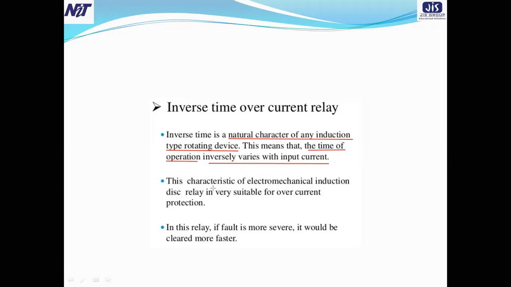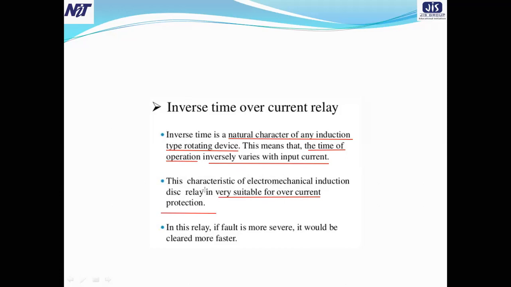The second one is that the characteristic of the electromechanical induction disk relay is very suitable for overcurrent protection. Fine. So this type of inverse time overcurrent relay is very suitable for overcurrent protection because of the characteristic of the electromagnetic induction disk.